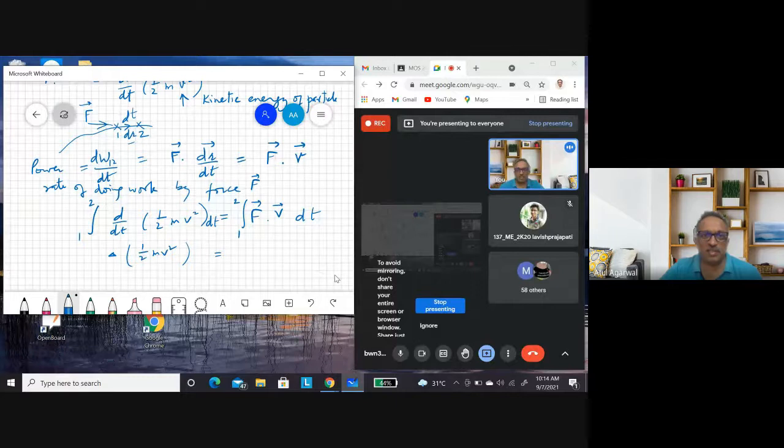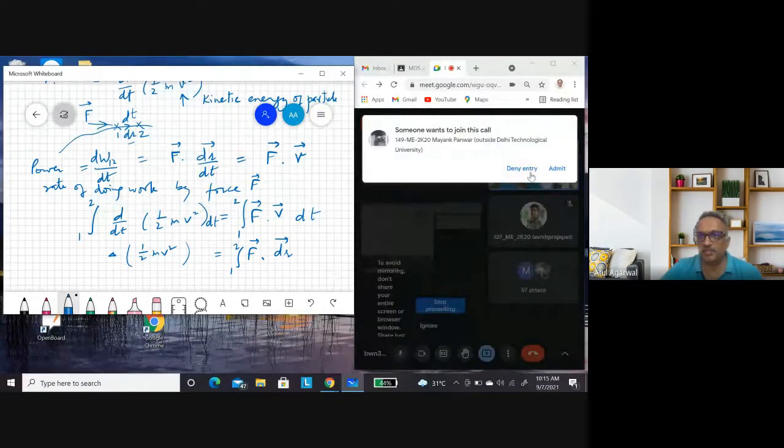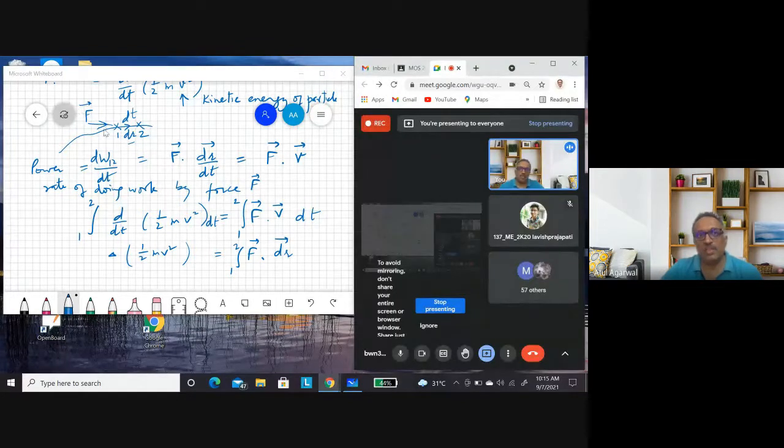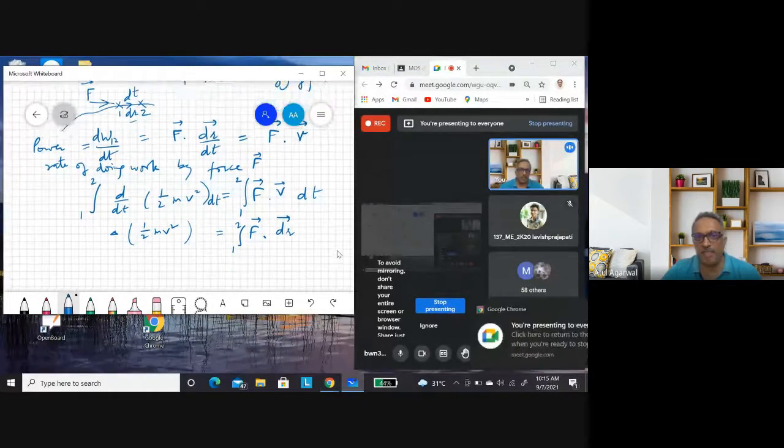Whatever energy is supplied to the particle, whatever work is done on the particle during this time interval, will go to change the kinetic energy of the particle. So F is the net force on the particle. That net force imparts energy to the particle, and that change in energy is the change of kinetic energy.